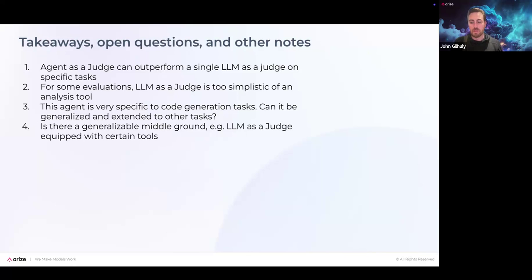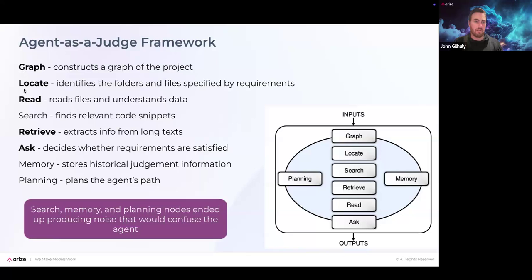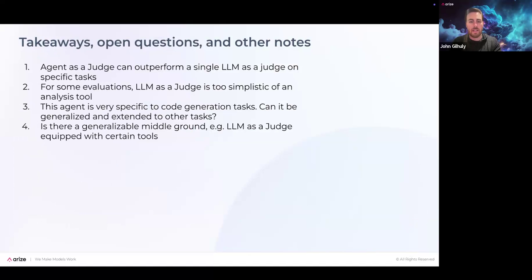You equip them with the ability to search over documents that are generated by the agent, for example, or you equip them with some things that go all the way back to our different steps here. I think some of these are tools that you could equip an LLM with, and a judge LLM with. And then you get into the fun question of, does that make it an agent? And then does it become an agent as a judge at that point?